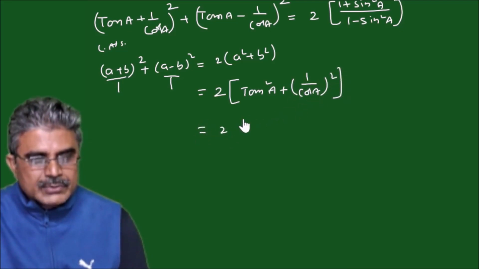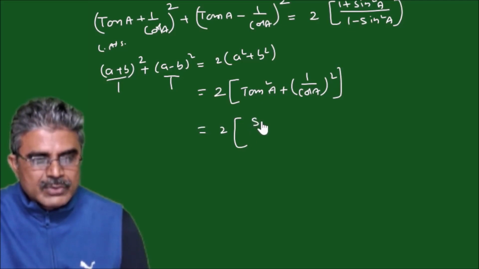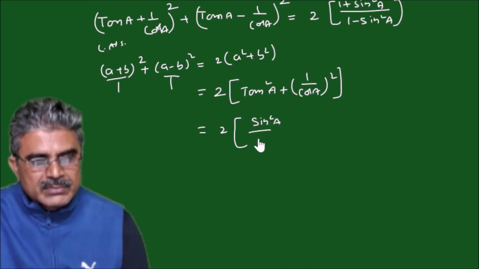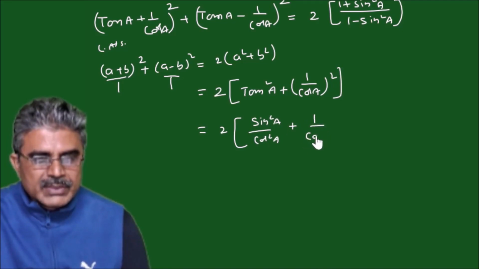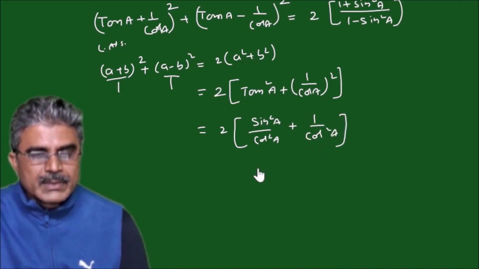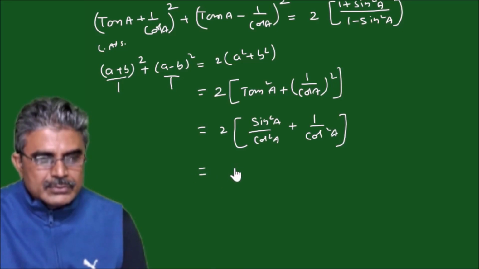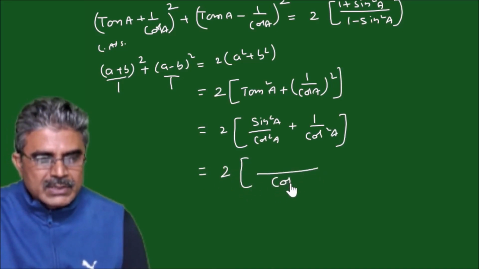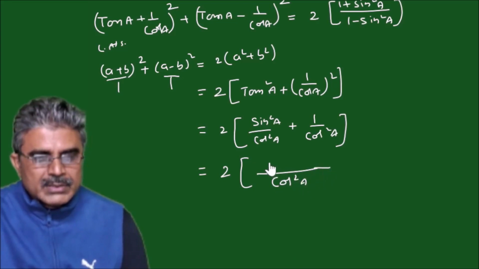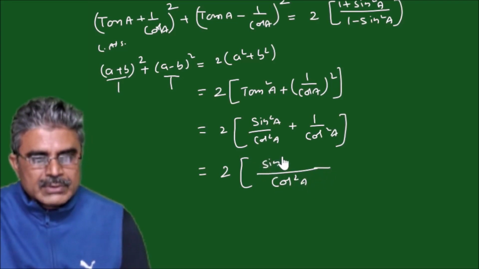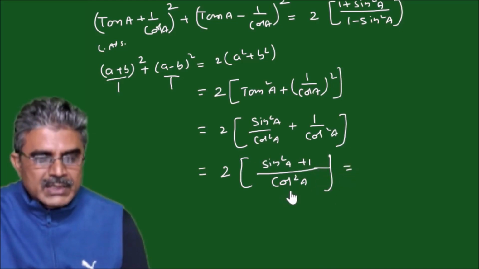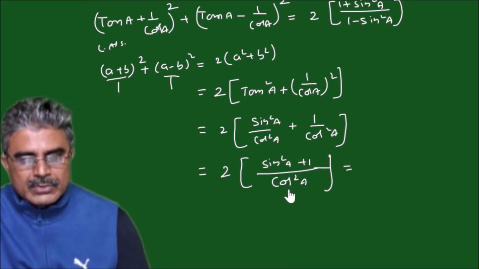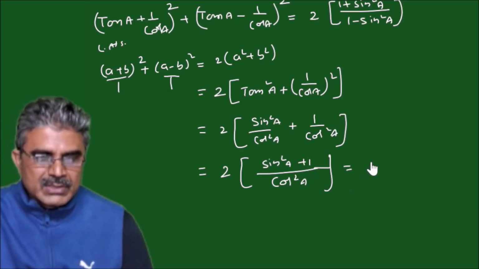So from this I can write 2 into tan square A, I want to write like sin square A by cos square A, plus this is 1 by cos square A, which is equal to, by taking LCM, you will have cos square A in the denominator, and on top you have sin square A plus 1, and cos square A I can write according to the identity as 1 minus sin square A.